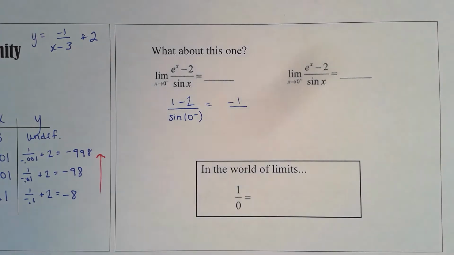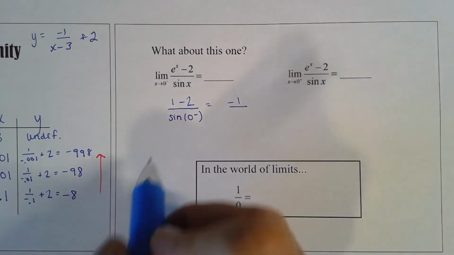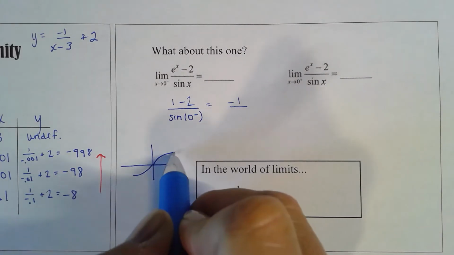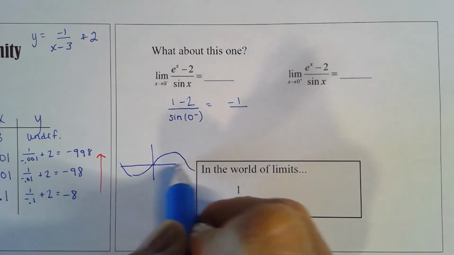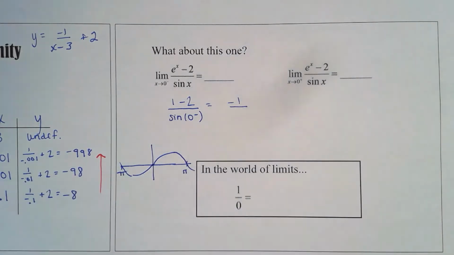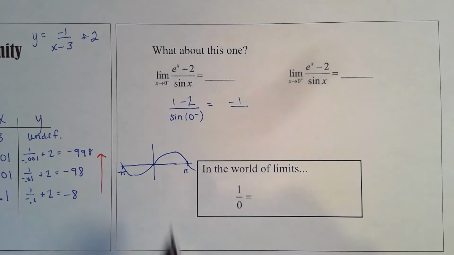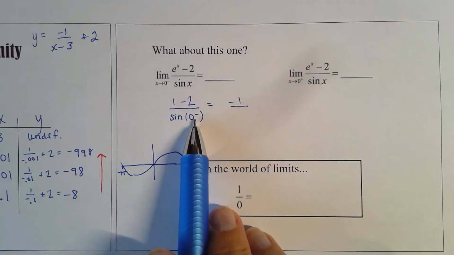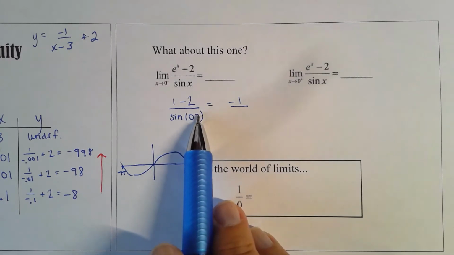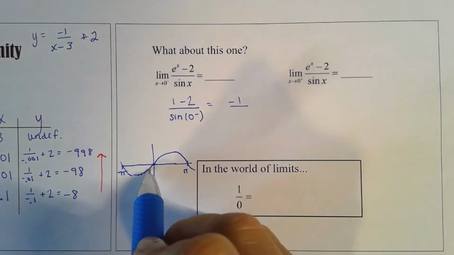Great, no problem. I am going to come down here and draw a sine curve. There's my pi, there's my negative pi, but I'm really interested in what's happening at 0. I'm asking myself, what is the sine of 0 if I'm coming in from the left?